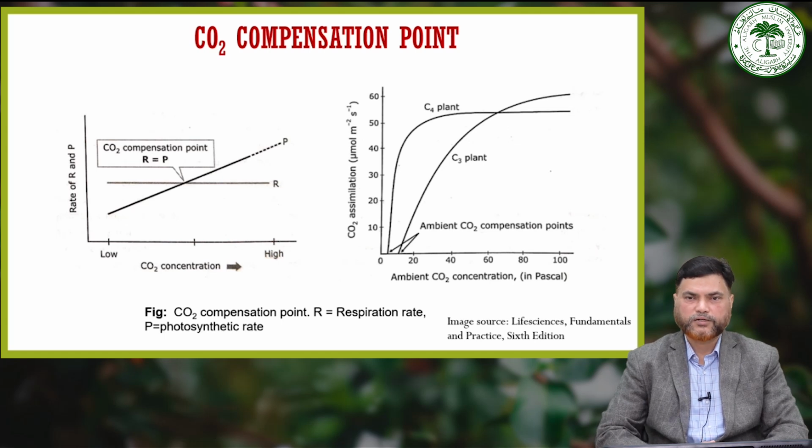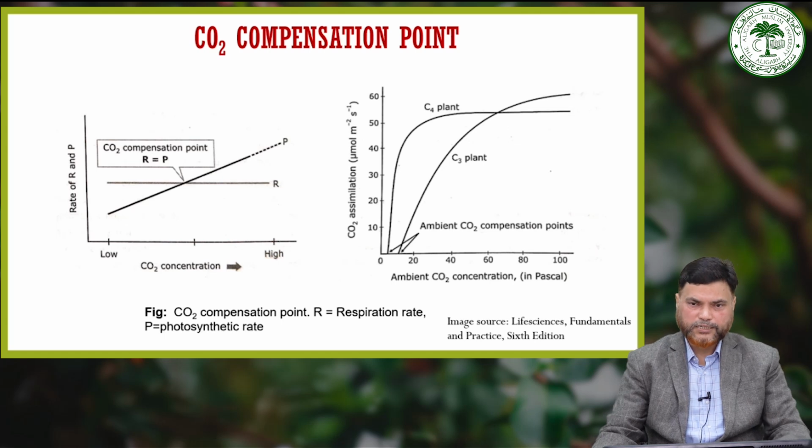At this point, there is no net release of carbon dioxide from the plant. This concept is like the light compensation point I discussed earlier, but the focus in the carbon dioxide compensation point is on the balance between photosynthesis and respiration based on carbon dioxide concentration rather than light intensity.